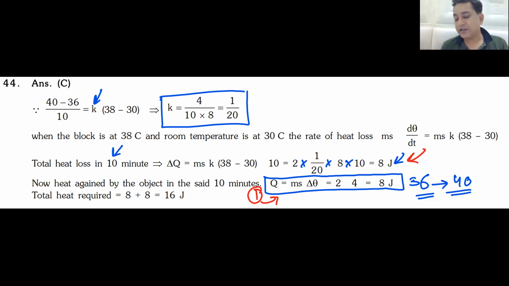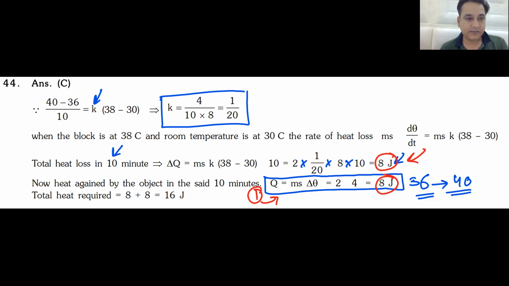So add both the amounts. It is coming as 8 joules in both the cases. Your answer becomes 16 joules. 16 joules is the heat that is required by the heater to get it back from 36 degrees Celsius to 40 degrees Celsius. Any doubts on this?